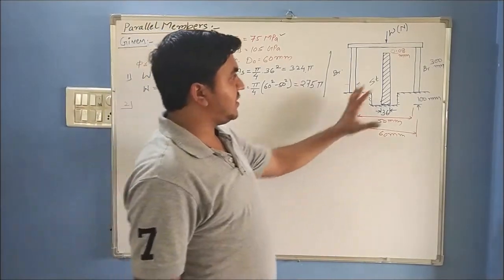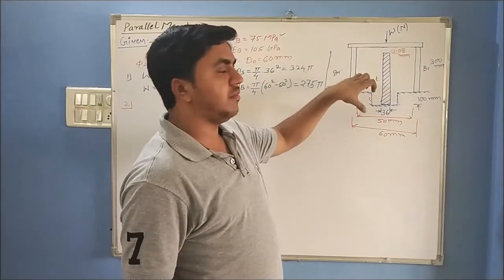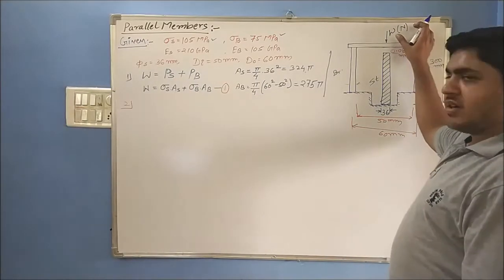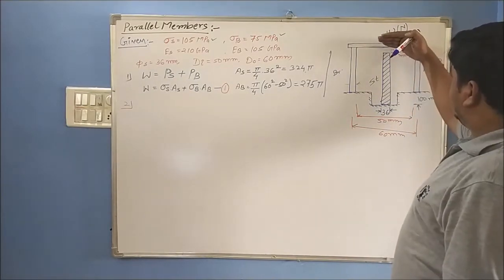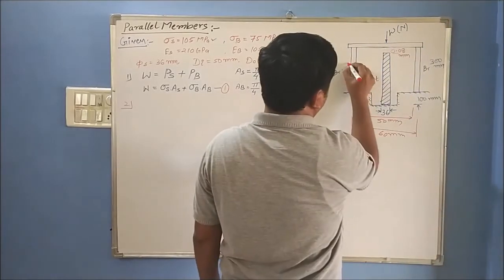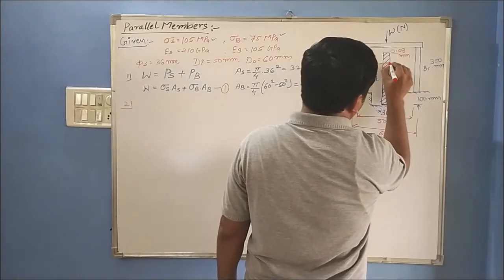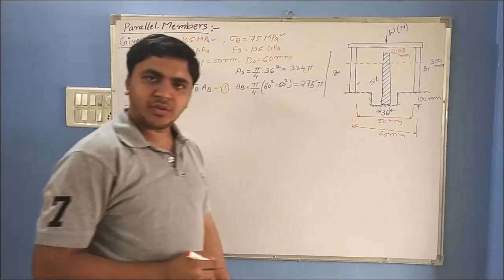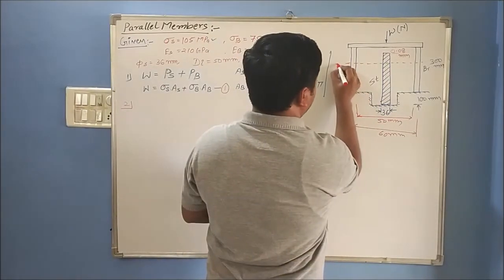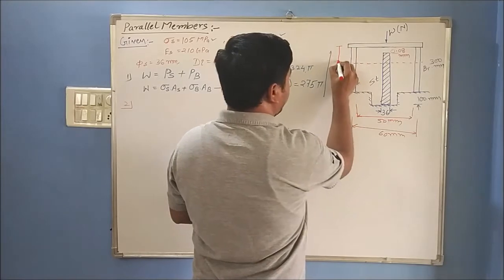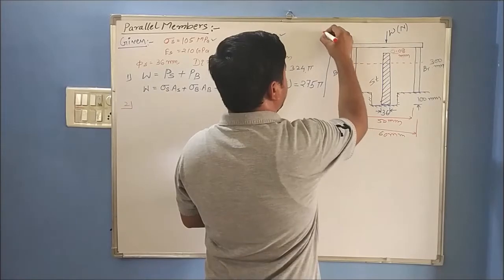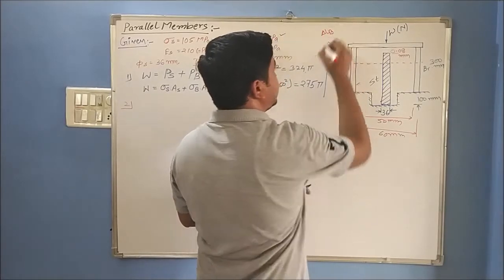Now we will see the concept of deformation, how this member is going to deform. Let's say you have applied a certain amount of load W, and because of that load the tube and rod are compressed a bit, up to this length. The brass is compressed from this point to this point, so this is nothing but the compression or change in length of brass.